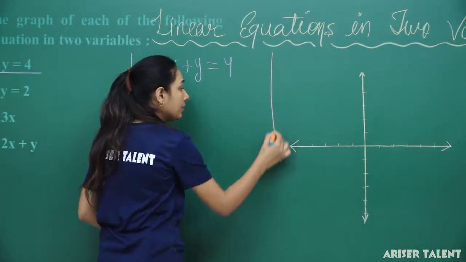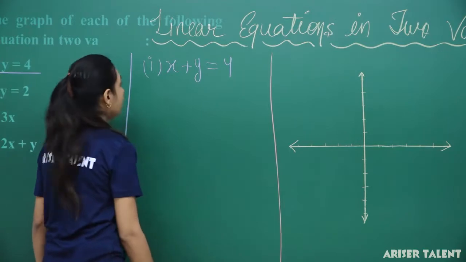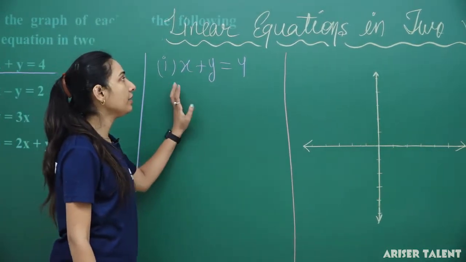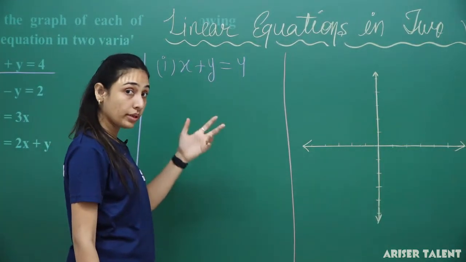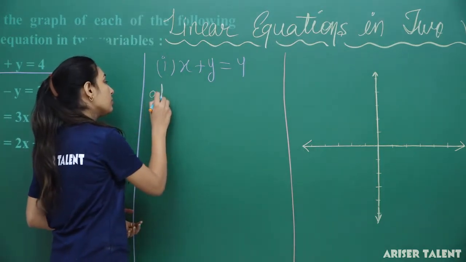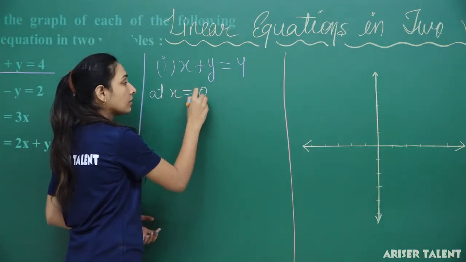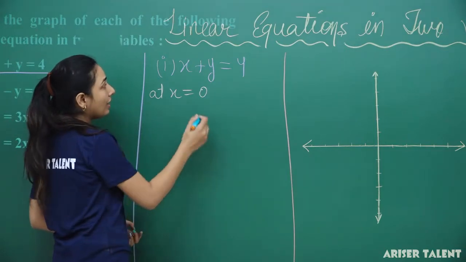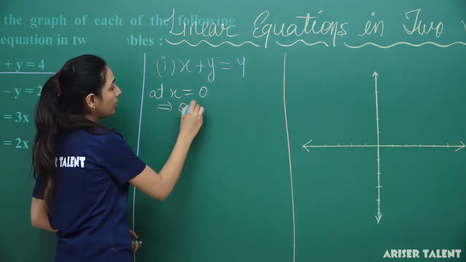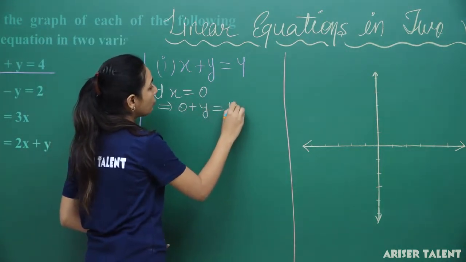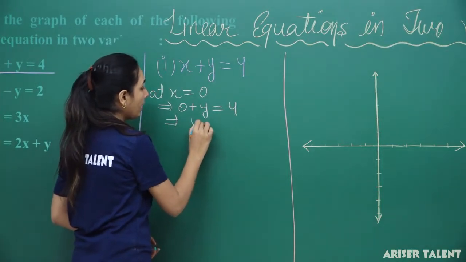Before that we have to do the calculations. Now I have x equals 0 here. So look at it, at x equals 0, the value of y is 0 plus y equals 4. That means y equals 4.